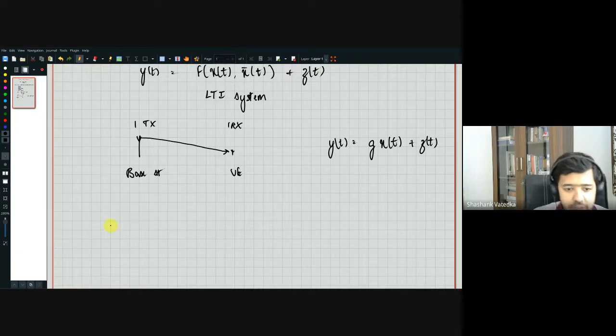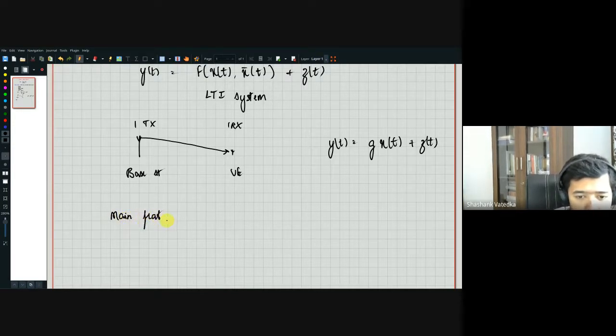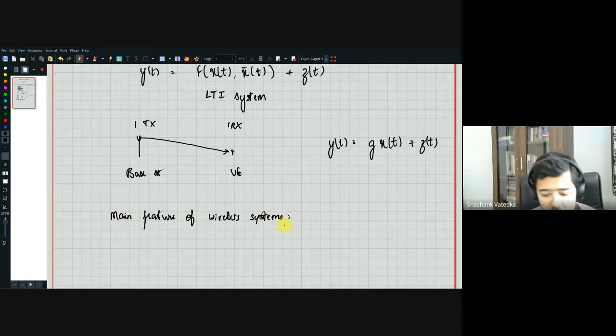So one main feature of wireless systems in general, this is also a benefit, but it also causes a problem in terms of system design, and that is mobility.